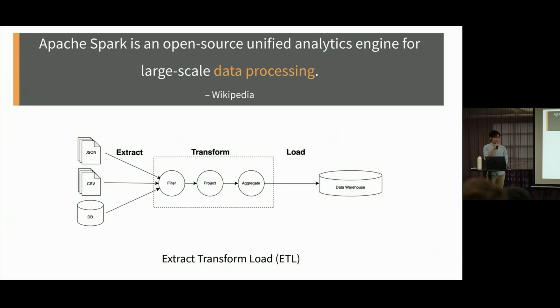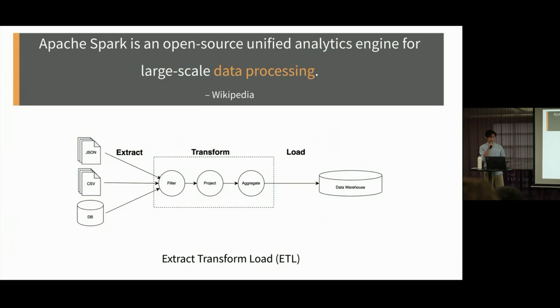Now we talk about data processing. A classic data processing workload we show here is called extract, transform, load. What you have is raw data, from JSON, from CSV, from your databases like Postgres. You're going to transform it. Let's say you select part of your data, you perform transformations on it, you aggregate it, and then you store it back.